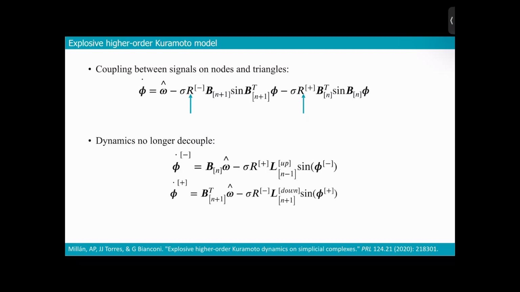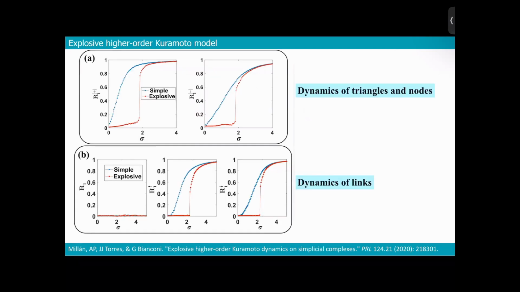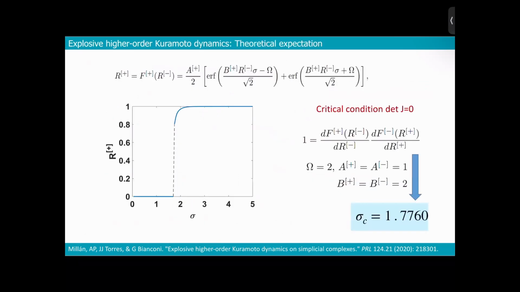This means that when we project, the dynamics will no longer decouple. And what this means for the dynamics is that now, instead of having a continuous transition, we find an explosive transition due to the interaction that we have introduced between the two dimensions, the dimension of the nodes and the dimension of the triangles. Again, you can verify this finding and recover the explosive nature of the transition and the location of the critical point.